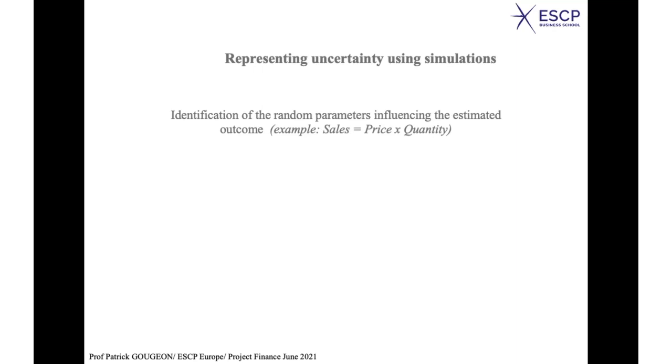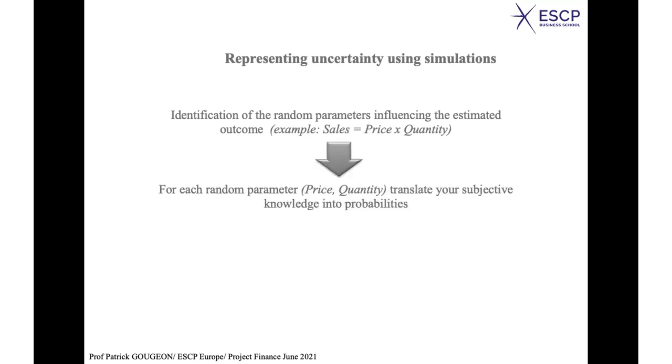The second step is to say, for each random parameter, here price and quantity, you have to translate your mostly subjective knowledge into probabilities. Why do I say subjective knowledge? How can you have an idea about the average price and its volatility? You can go and see your marketing team.